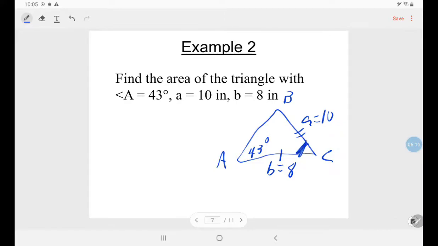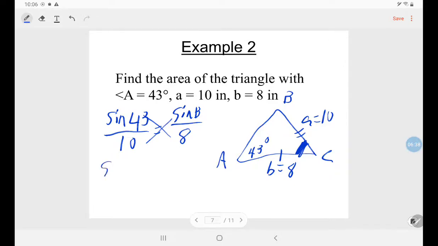So in order to use that formula, I need angle C. So what do I do? I use the law of sines. So I know that sine of 43 over side A, which is 10, equals sine of B over 8. Then I cross multiply, and I get sine of B times 10 is 8 times sine 43.